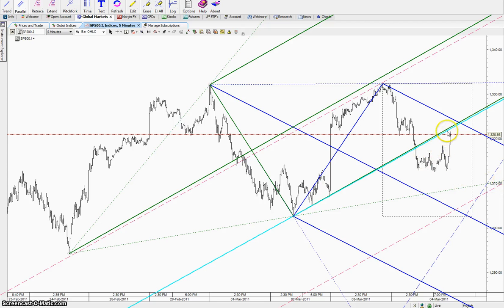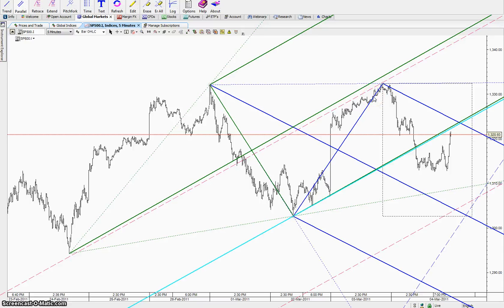But first off, they're your lines. You'd back that one to reject price. If it doesn't, you'd back that one to reject price. If it doesn't, price is going to back test this line to make sure that it's support. Then it's going to go up here somewhere, up to at least this line. That's the way I'd analyse this particular one.